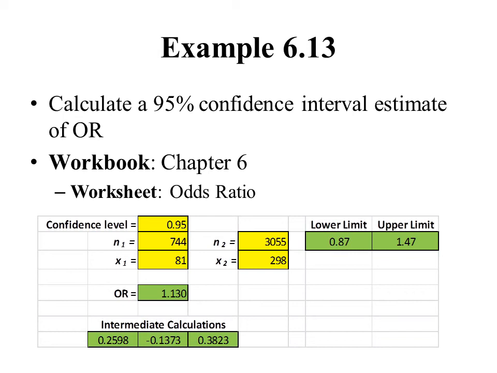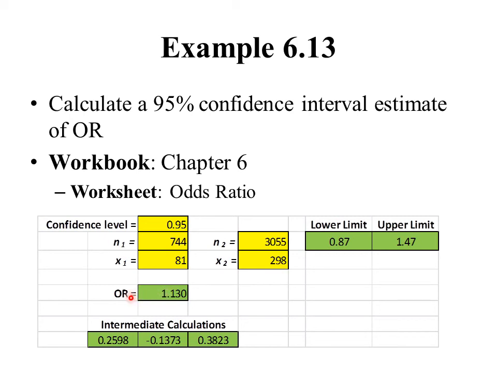The calculations for this type of confidence interval are very complicated. The book talks about them, but like other examples, we're just going to focus on understanding how to do the calculations and what they all mean. So go to the workbook chapter 6, the worksheet odds ratio, and we enter our data here as our confidence level, our sample statistics, same as what we got from the previous example.